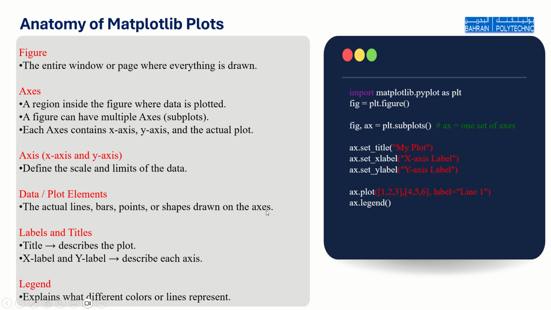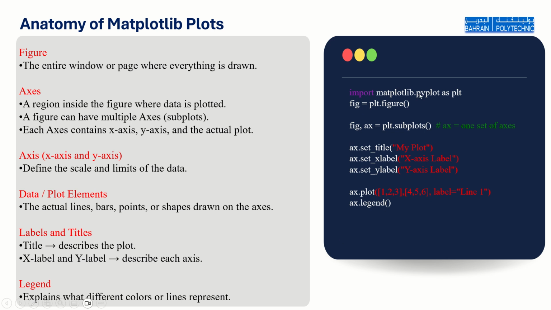Then the data points, the charts, and everything will be there. And you will have labels and titles. The title will describe your data, and the X label and Y label will describe the x-axis and the y-axis accordingly. Then there will be a legend, which gives you details about which color is used for what purpose.